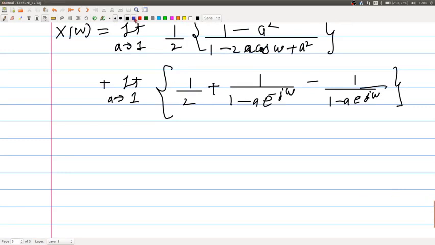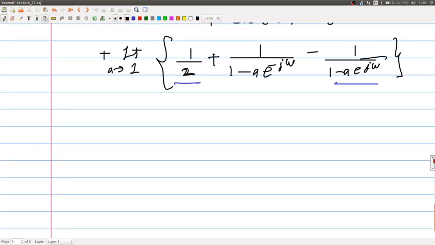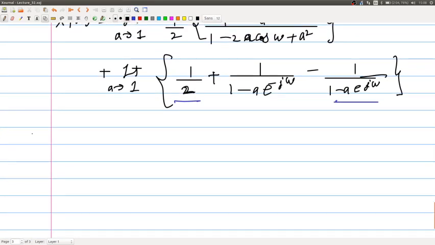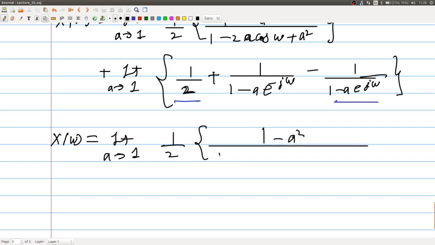So I will combine these two terms. This is 2. Combining these two terms, I get X of omega as plus a squared, a going to 1.